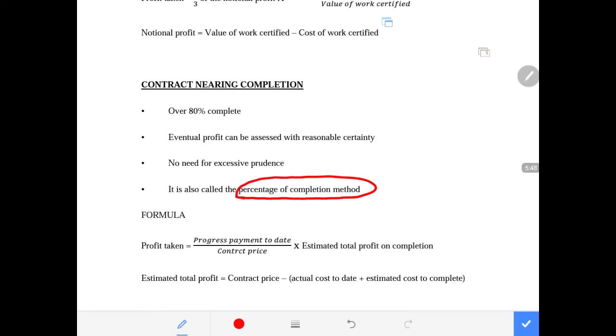So when we are required to take profit using the percentage of completion method, then you know that you are taking into account the near completion method. In other words, where the project is above 80%. Again, you can be told that the project is at 90% in terms of the stage of completion, and you are required to calculate the profit to be taken.